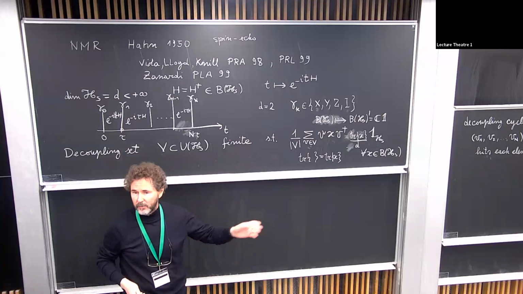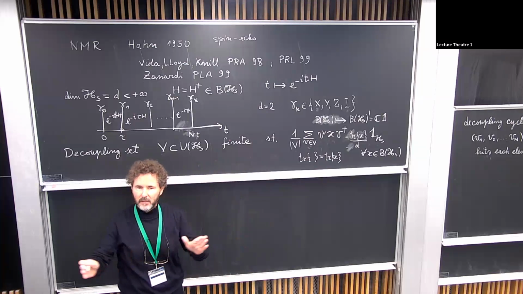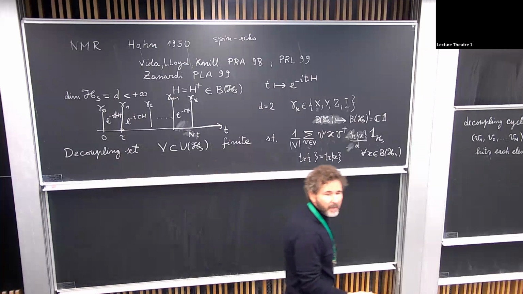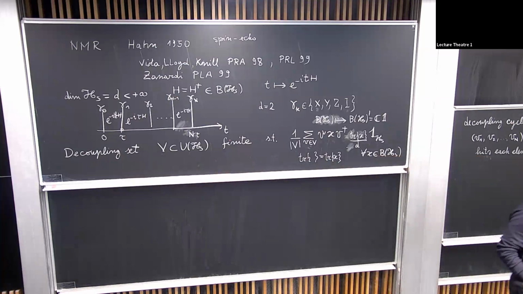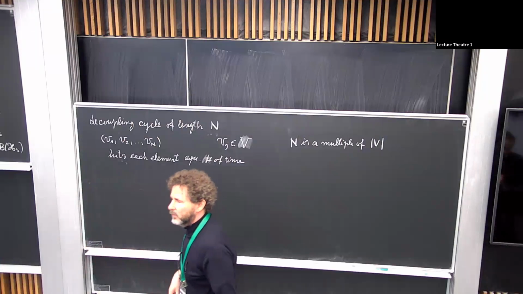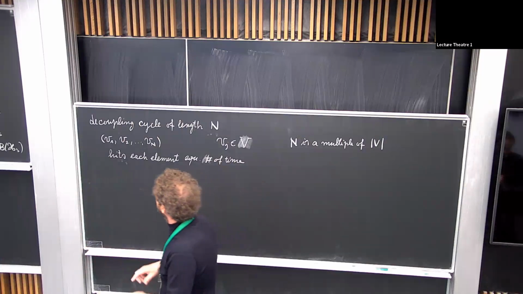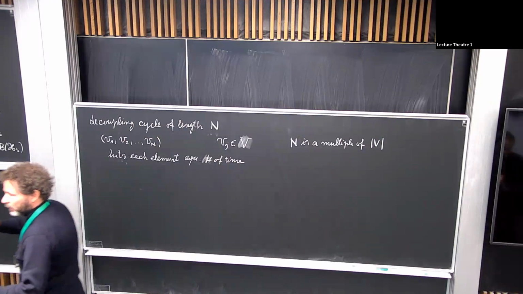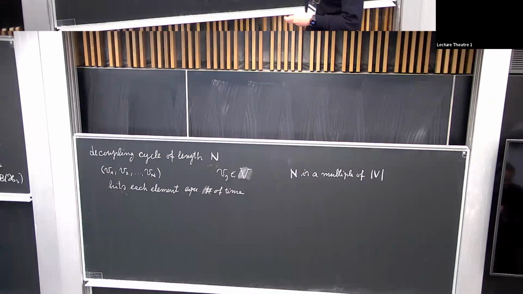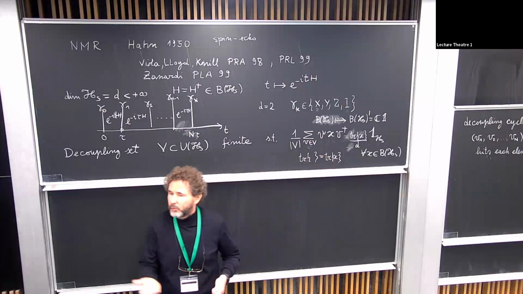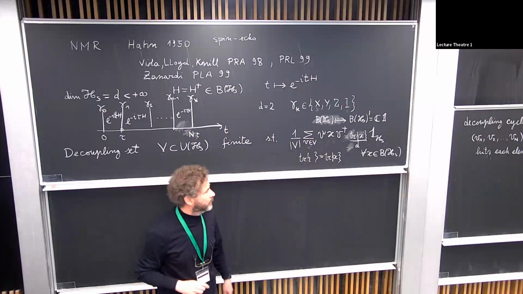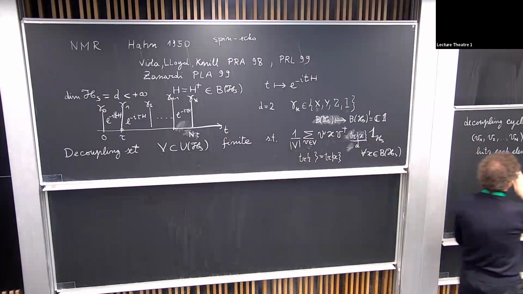For example, instead of having a deterministic decoupling cycle, you can think of it in a probabilistic way. You can just randomly draw your pulses, but with a uniform distribution. This is essentially the idea. And now, why do I require this?